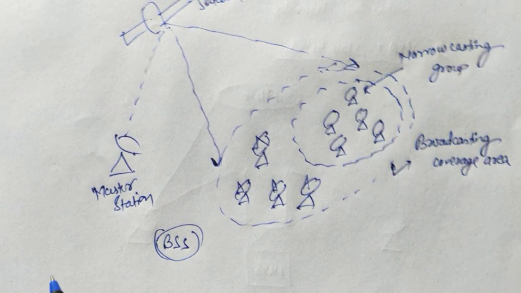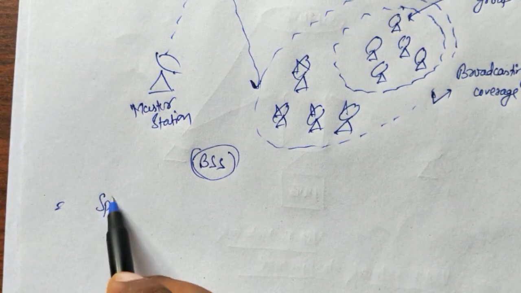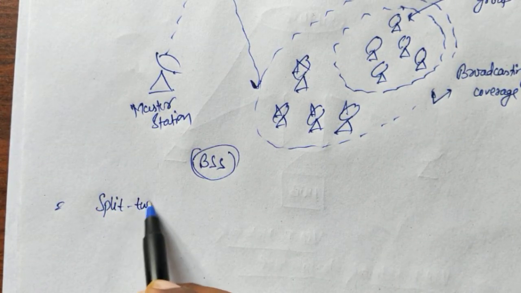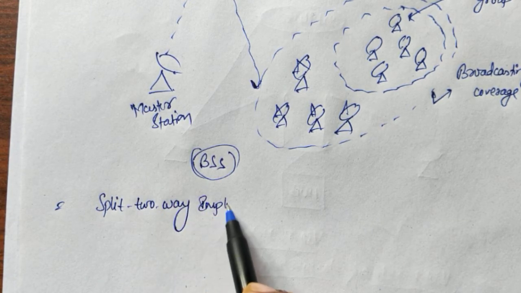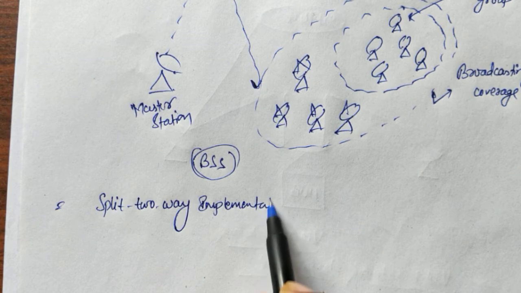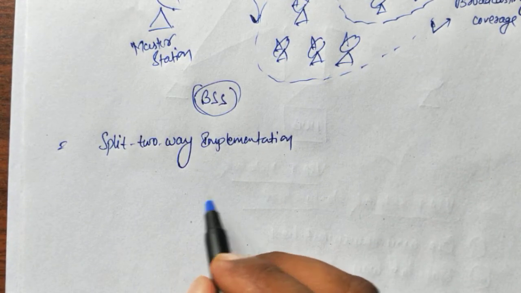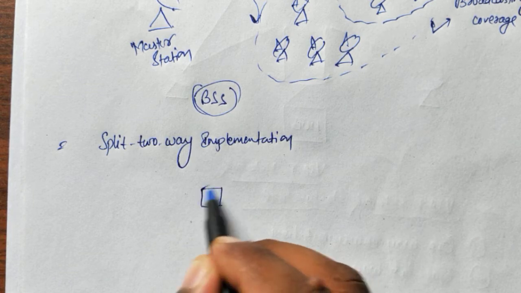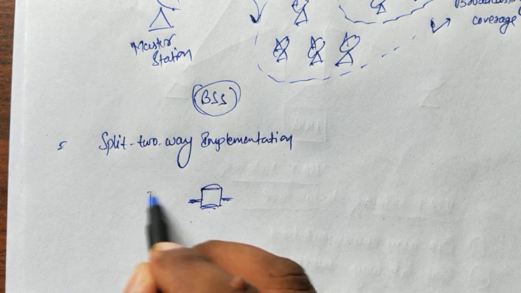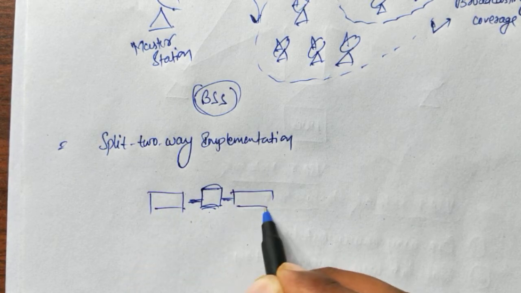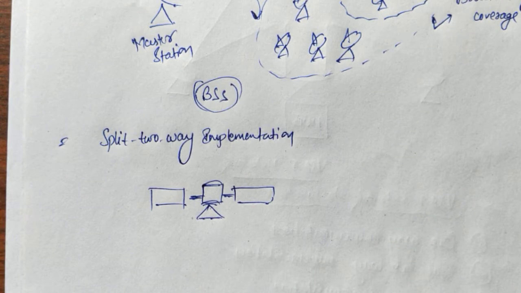The second one is the split two-way implementation. For that, let me draw a figure. This is the satellite.